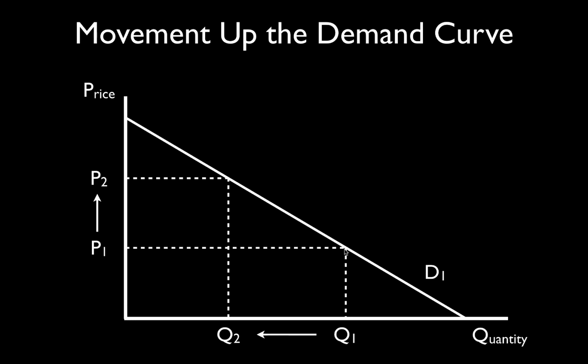So where the new price touched the demand curve did change, and that's called a decrease in quantity demanded. So a movement is only ever caused by a change in the selling price of the good itself, and a movement up the demand curve causes a decrease in quantity demanded.